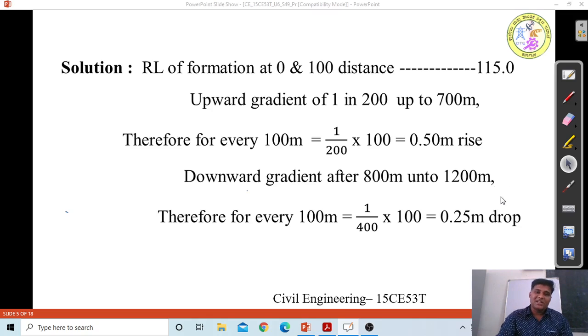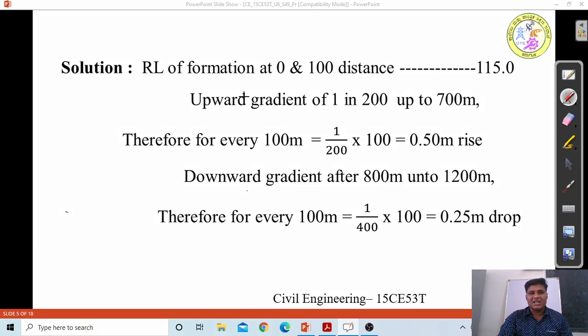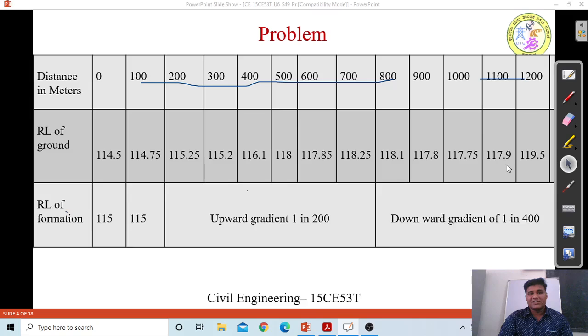Before that, I need to calculate the formation levels at 200, 300, 400, 500 up to 1200. The procedure for calculating the formation level is: he has given that the RL of formation at 0 meter and 100 meter is 115 meters, and beyond that he has given an upward gradient of 1 in 200.